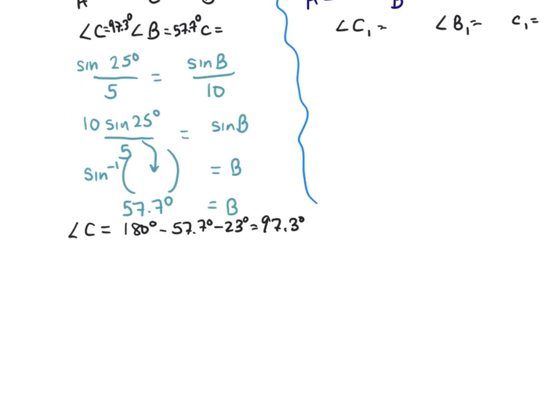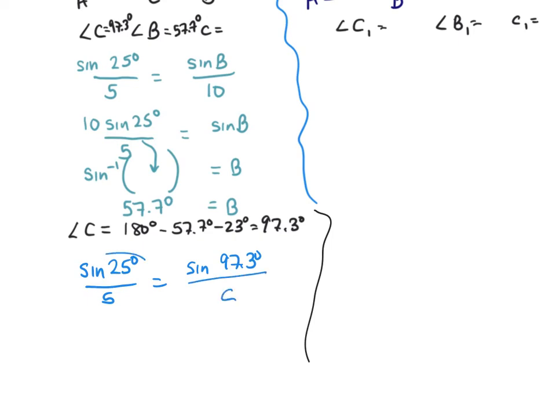And again, I could do this with a really simple law of sines. So sine of angle A over A equals sine of angle C over little c, and we don't know what little c is, so now we'll do the cross multiplication.